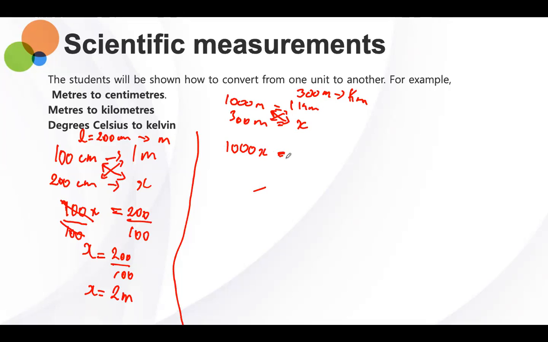Equal to, what would this be equal to? 300 meters. So 300, right? Then what would the next step be? Put both sides over 1,000.